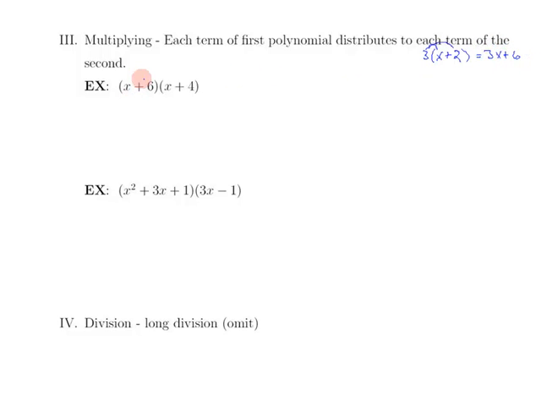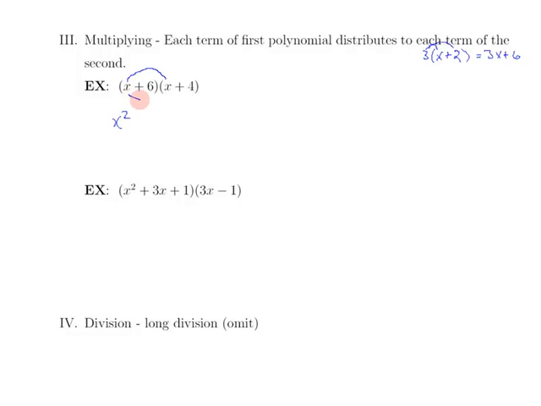Now, if you have more than one term out in front, you actually have two, the rule that you use there is to distribute the first term to each term in the second. Each term of the first polynomial distributes to each term of the second. So in this case it looks like this. I would take the first times the first, right, and get x squared.